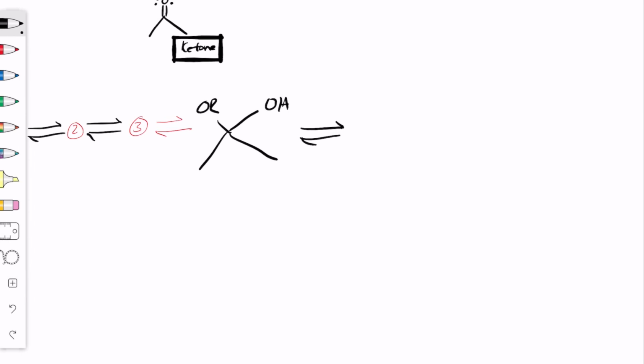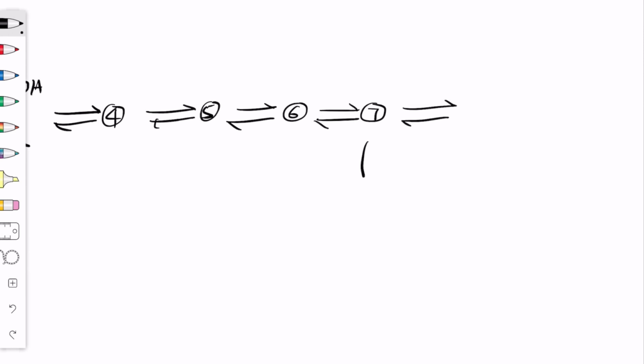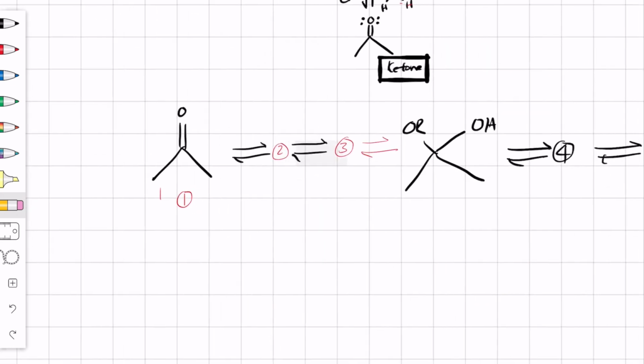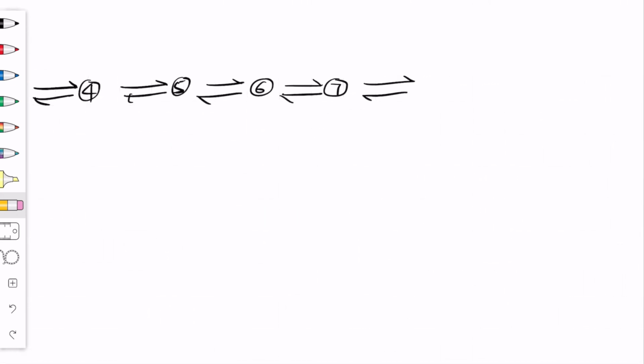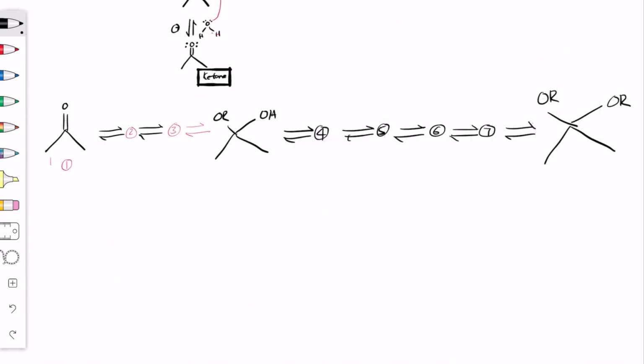And for the reaction, so you have 4, 5, 6, 7, and finally in the last process you end up getting acetal, OR and OR. So flip the entire reaction, you end up getting the hydrolysis reaction.